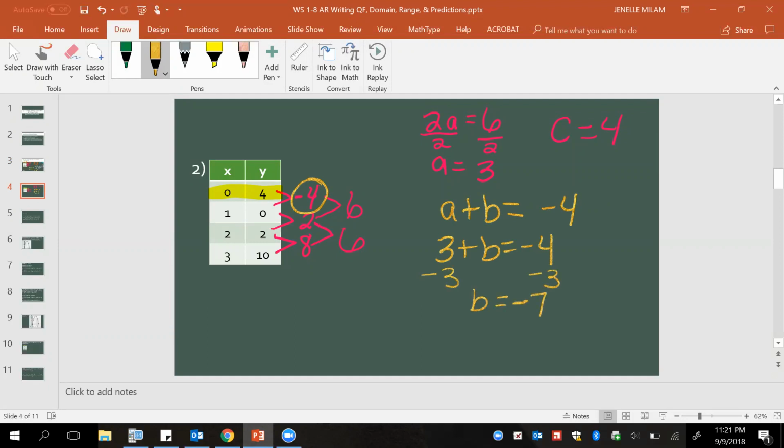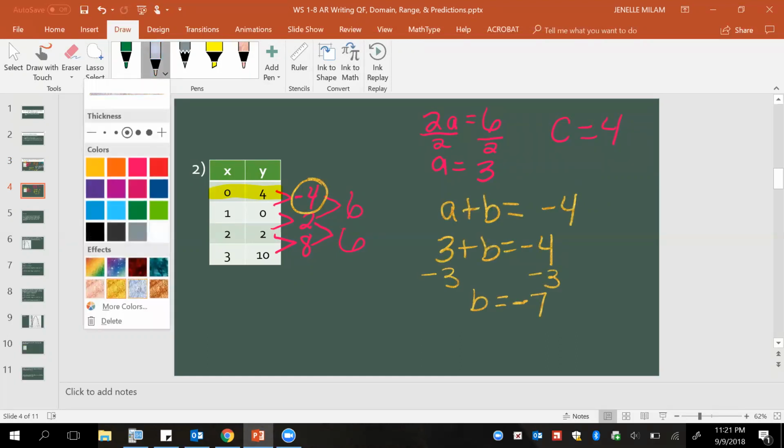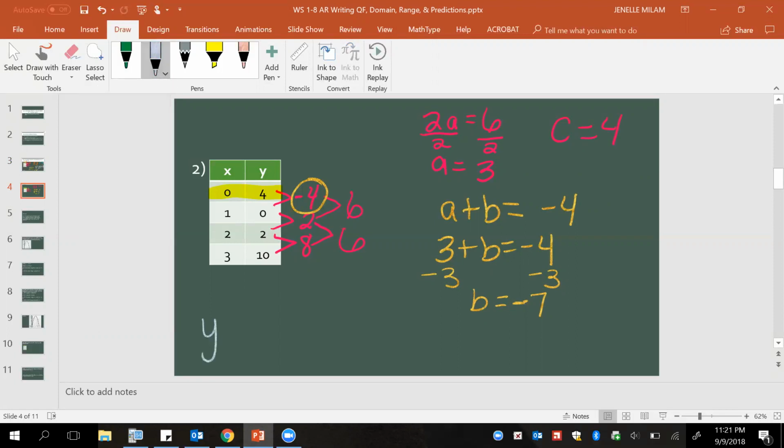Okay, so those are my 3 letters that I need. I'm going to go in and write my equation. So y equals, I've got my a, which is 3, x squared, my b, which is negative 7x, and my c, which is 4. Notice these signs here, or whatever signs are on my number. Okay, so there's your answer.